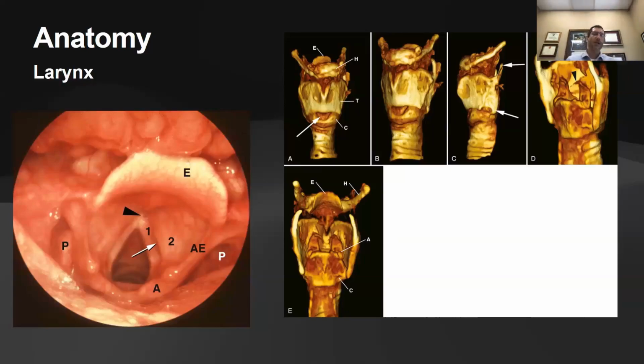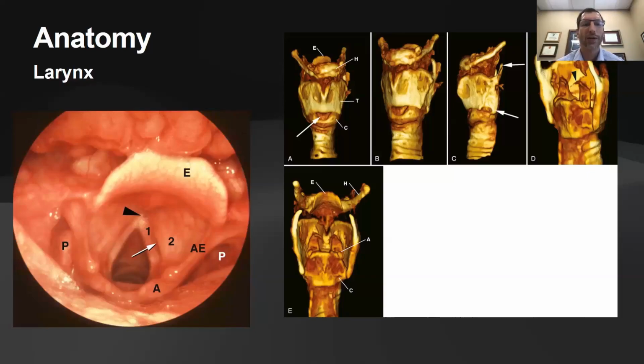On the right side there is the cartilaginous structure of the larynx from the external perspective. And that's very important for us when we start talking about surgical airways and surgical management of airways. So the top of the larynx is the hyoid bone. The next cartilaginous structure is the thyroid cartilage, and the third is the cricoid cartilage.